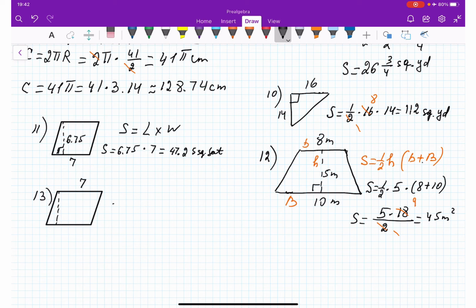This is 4 1/4 feet. And that's it, right? Okay, so to find the area of a parallelogram, area is equal to length times height.